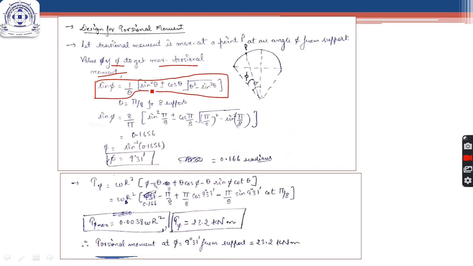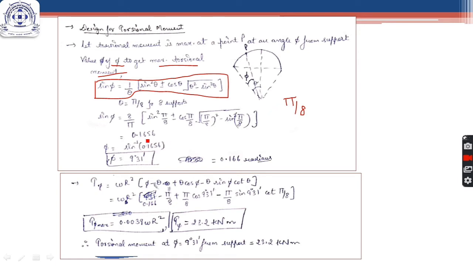If you are doing calculations in degrees, then all angles should be in degrees. Radians are mostly preferred, because in such cases radians are better. So if you have pi by 8, you calculate pi by 8, write its value here, and then get the value of phi.